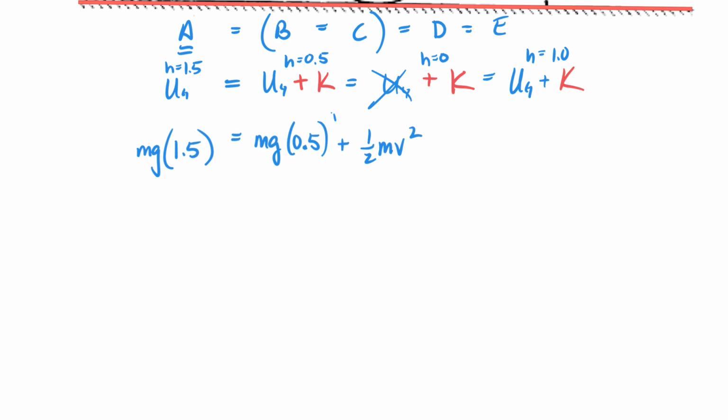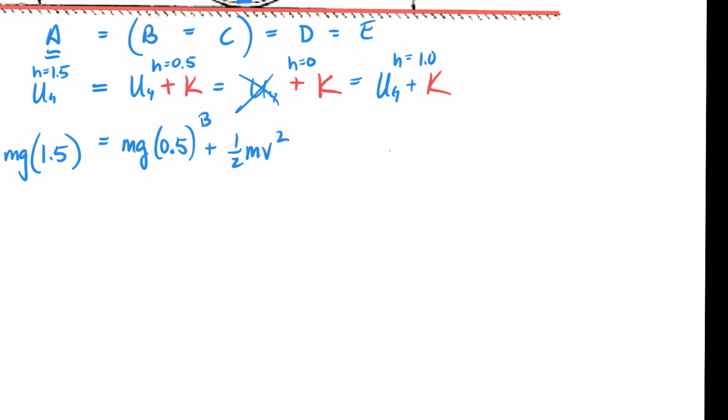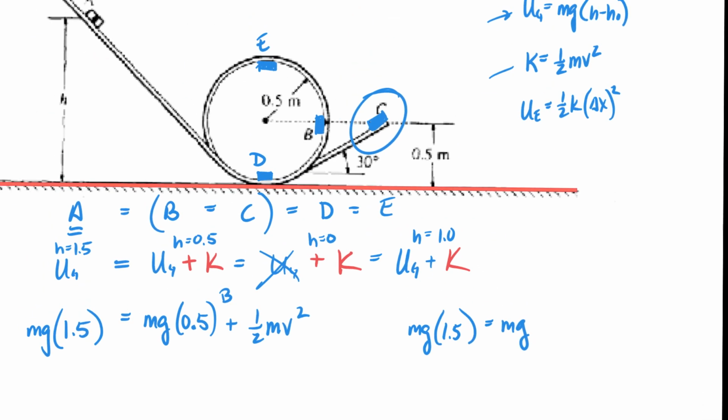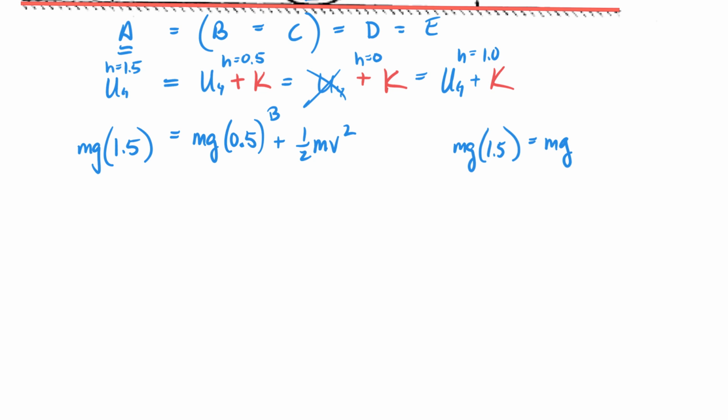This would be finding the speed when we were at B. Now, if I want to find the speed when we're at C, we're still comparing it to where we started, 1.5. But what is the height when we're at C? 0.5. That's right. So this will be 0.5 plus 1/2 mv squared.